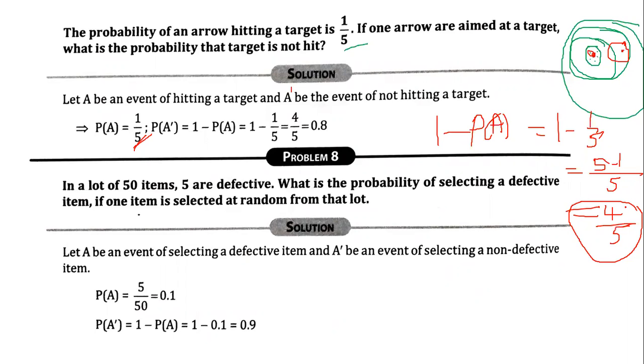There is an 80% chance that they will not hit the target, but there is a 20% chance that they will hit the target. That is what it means. Understood this problem? Everybody understood?